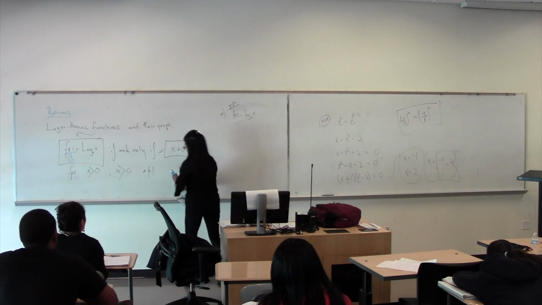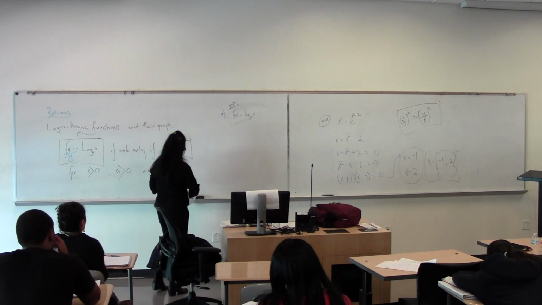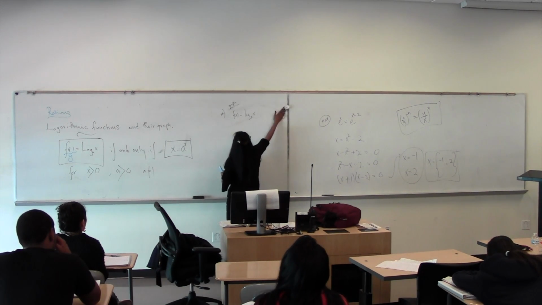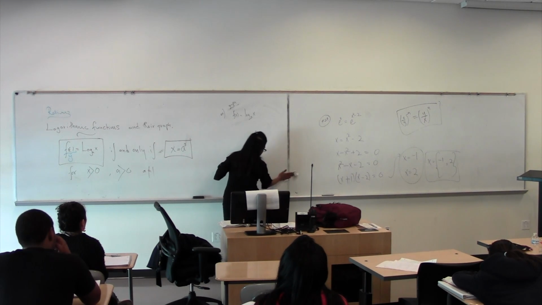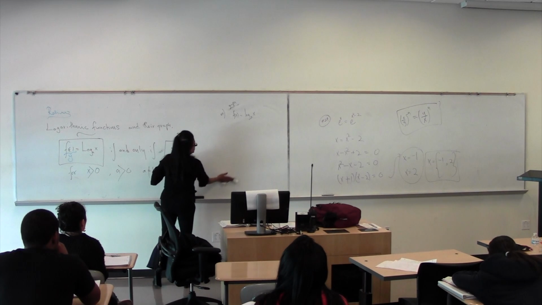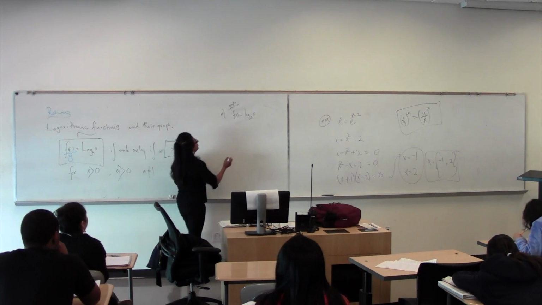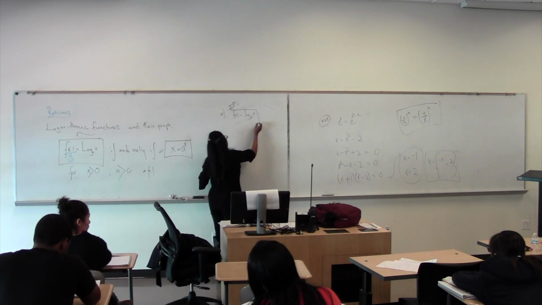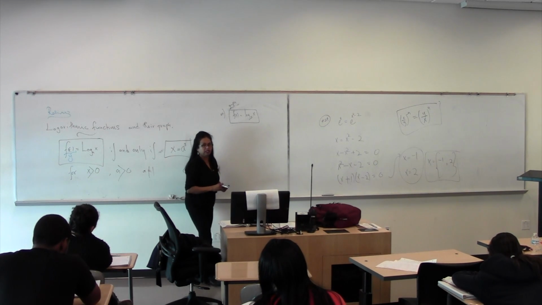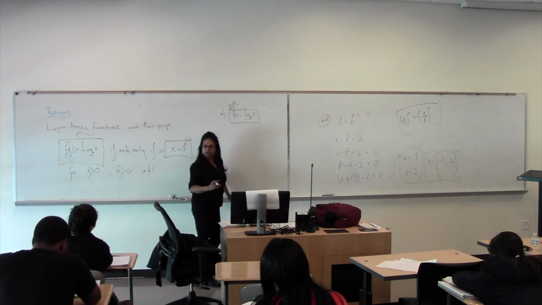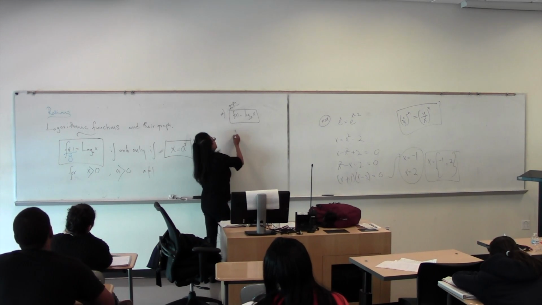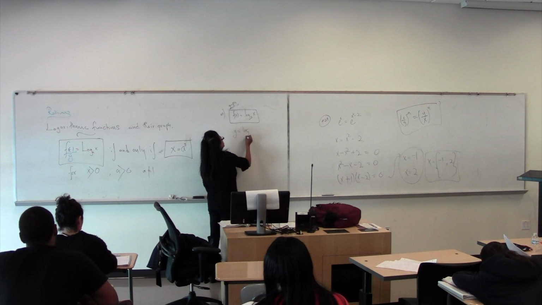Okay guys, so when we have this, you are asked to graph this without using a calculator or graphing calculator. So the first thing we write is y is equal to log base 2 of x.